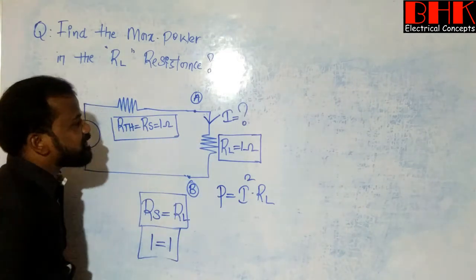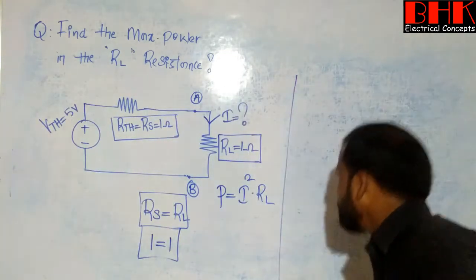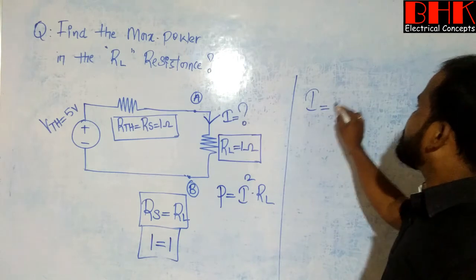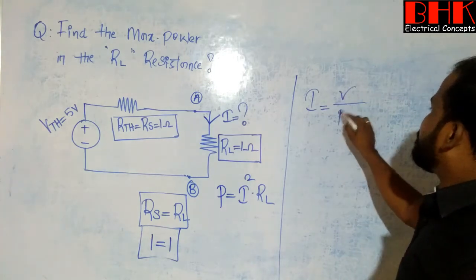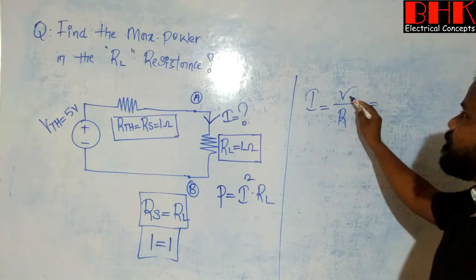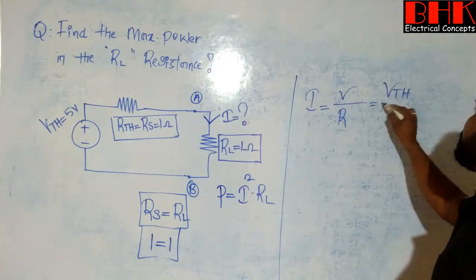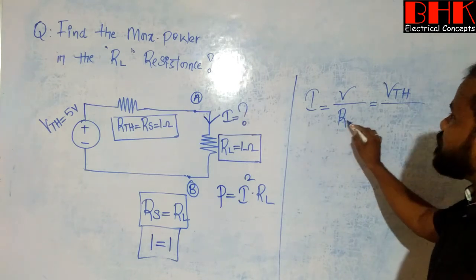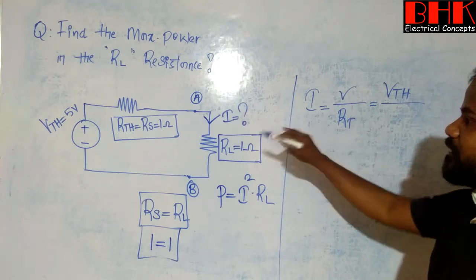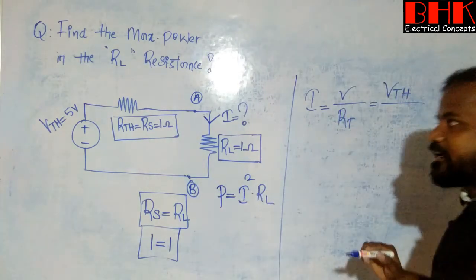Now go for the calculation of current. Now see here. So current is equal to V divided by R, that is equal to voltage by resistance. Here voltage means VTH. Clear? VTH divided by R, and R means RT. Here RL and RS are both connected in series.